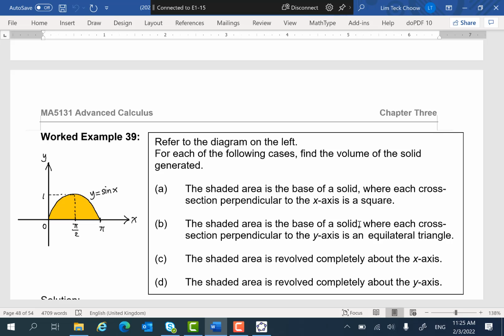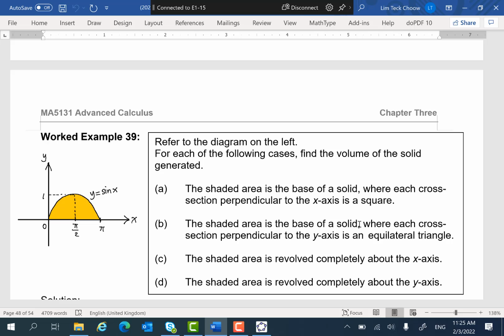So the volume of this small slab is actually this much. And then to find the total volume, if you take limits, eventually your formula will look like this for x ranging from 0 to pi.